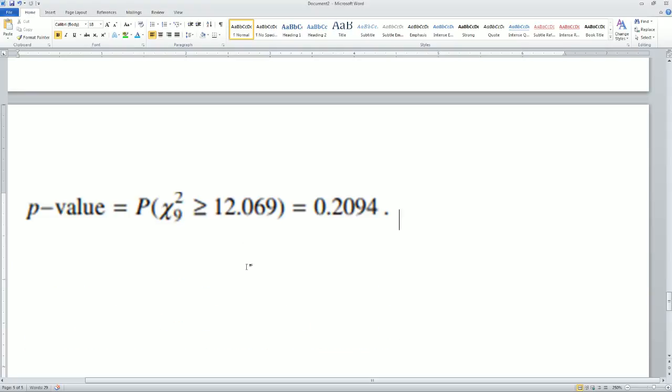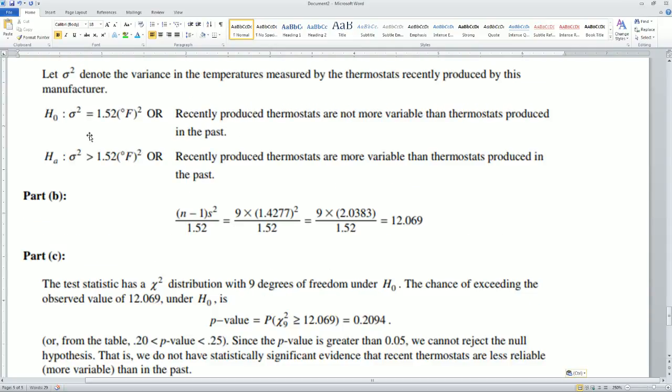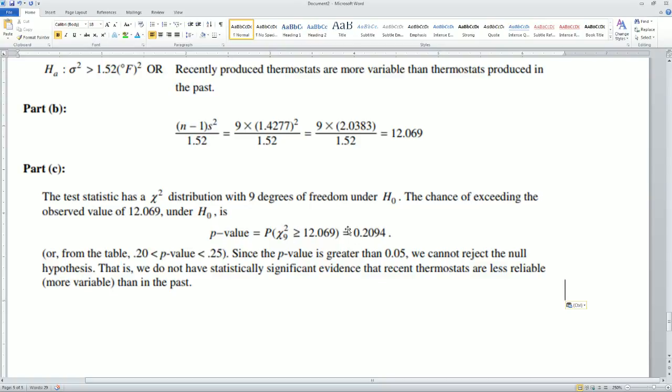Because here's your null, here's your expected, like the expected value or your theoretical value, right? Here, it gives you your p-value from calculating the chi-square.